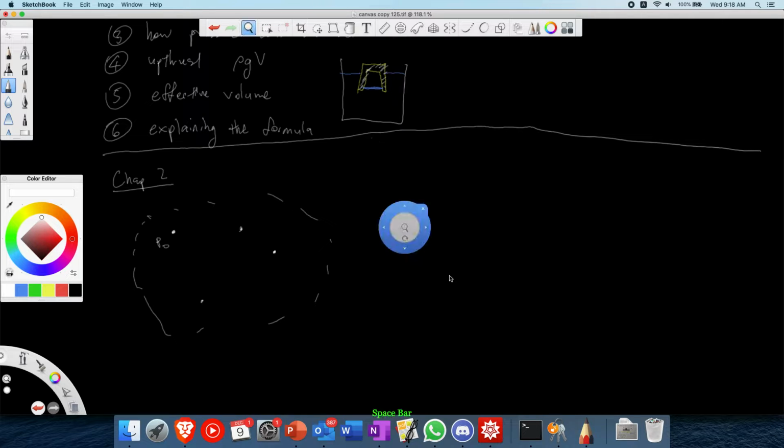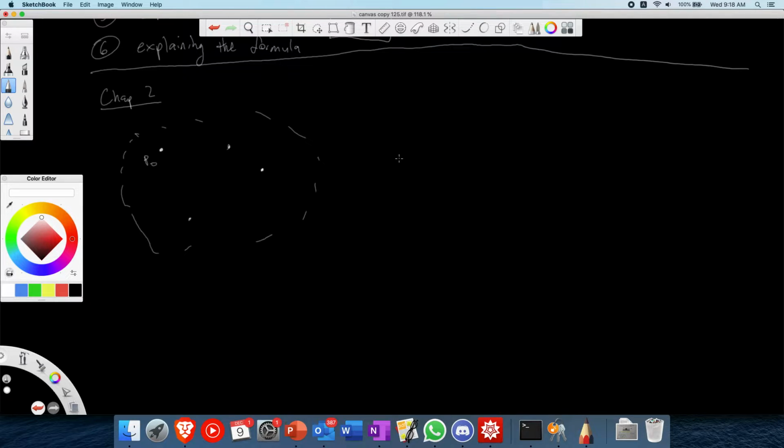The answer to that is the pressure at all other points is P0 also. There's a small caveat, but I'll talk about it later. So that's very simple. This is the case for air: pressure is the same everywhere.